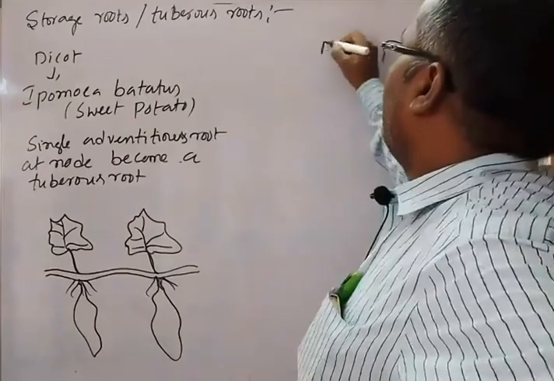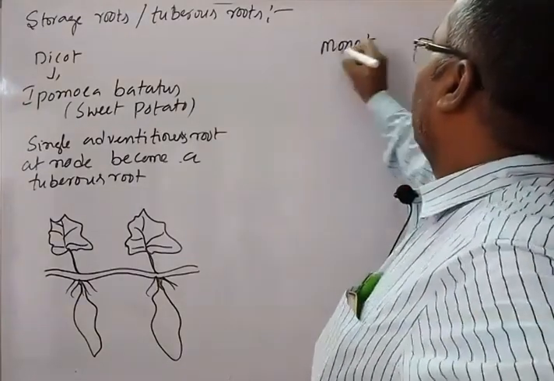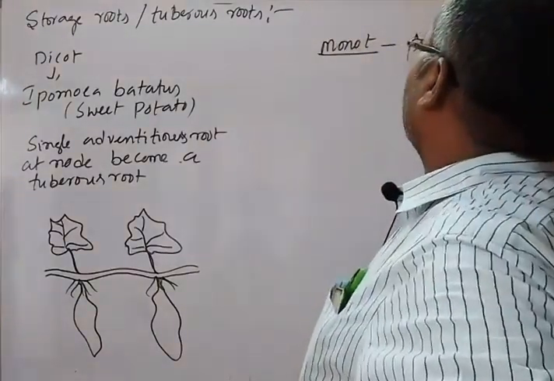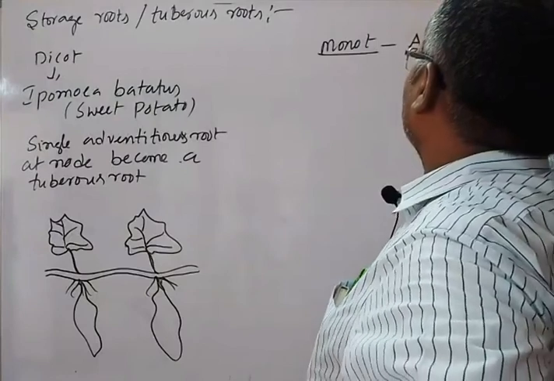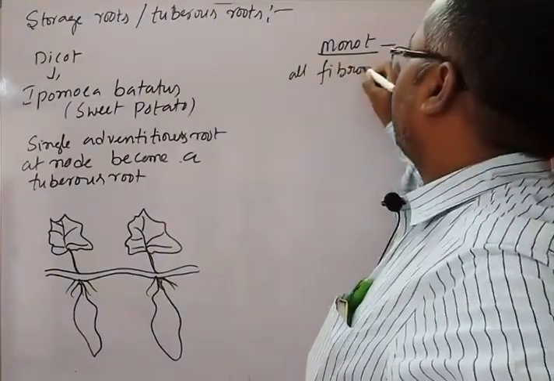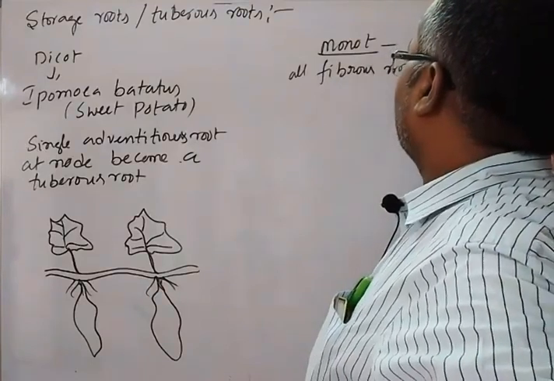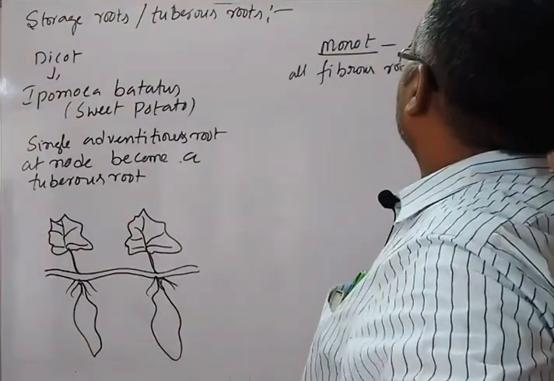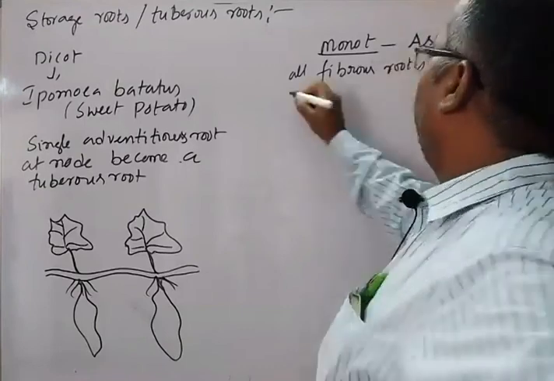Whereas in monocots, like asparagus, all fibrous roots become a bunch of tubers.